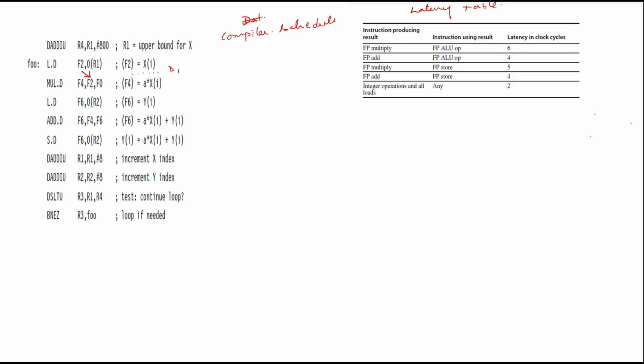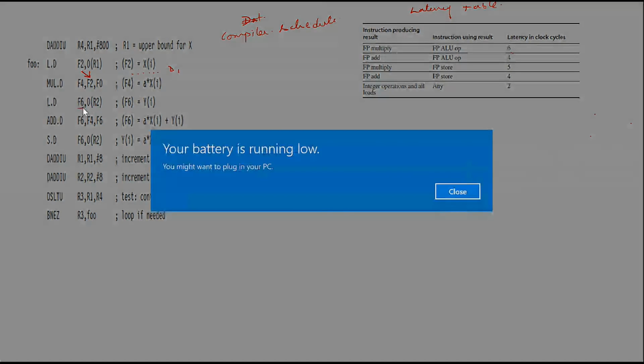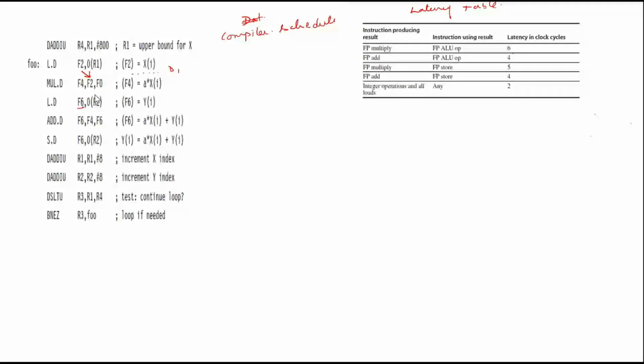And when you go with this case, between mul and load, is there any dependence between these two instructions? No, there is no dependence between mul and load. But if you take these instructions, whatever is loaded is used by F6.